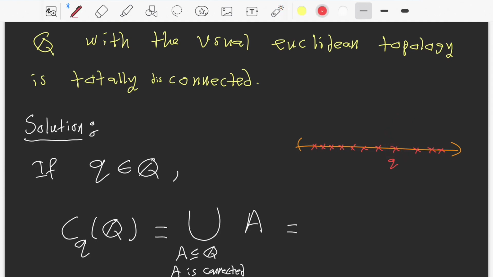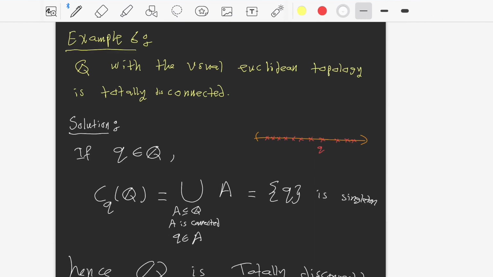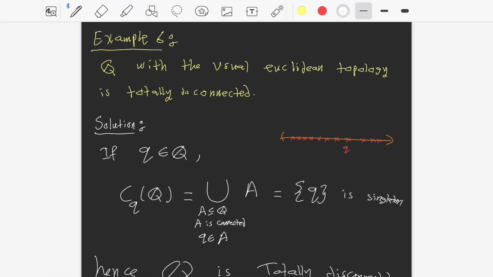So here we will get just the singleton, which is q. Remember, this is a closed set, and this is the only closed set containing q. It's the same as the closure. And for that reason, it is a singleton. Hence, Q with the usual Euclidean topology is totally disconnected. And that's the proof for example number 6.